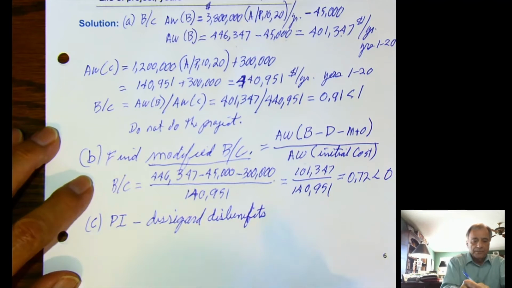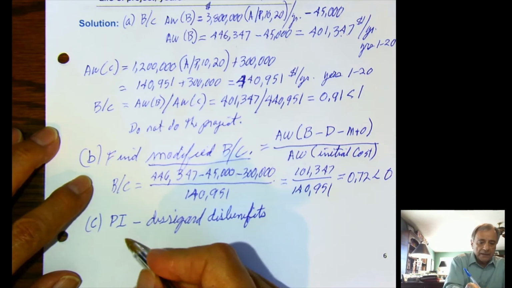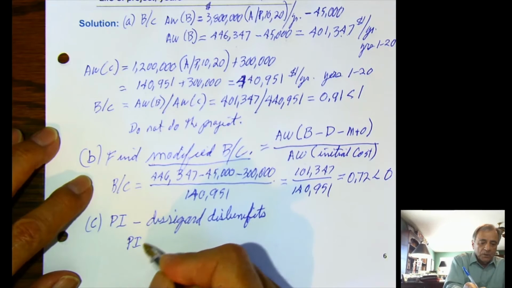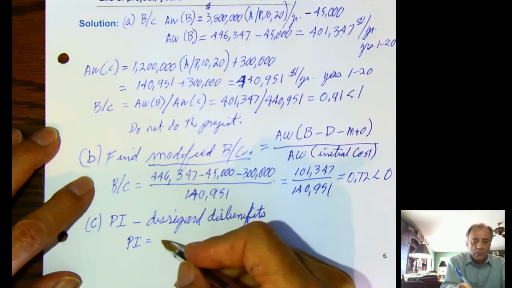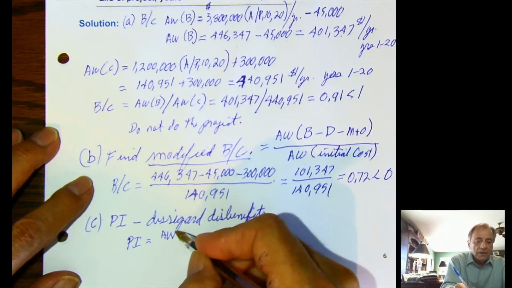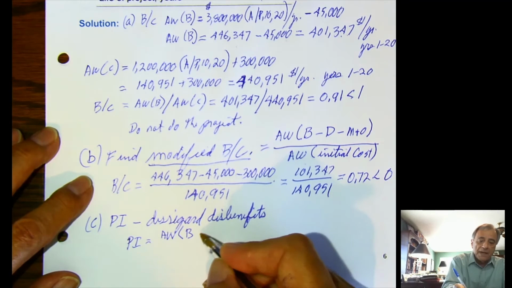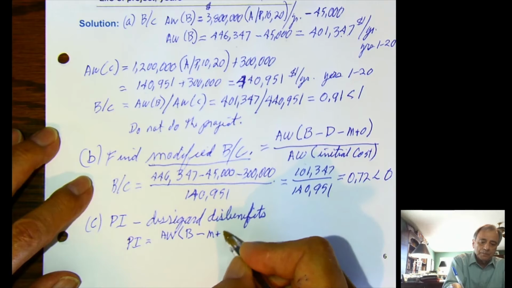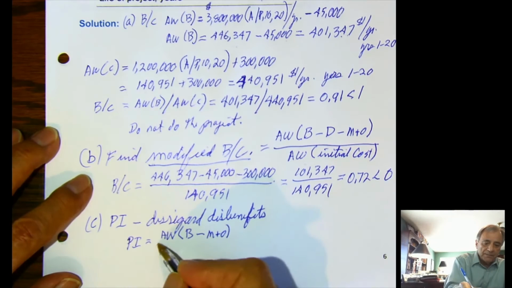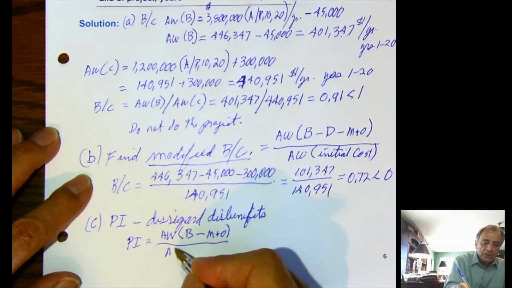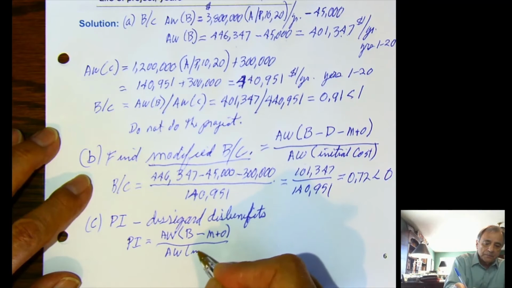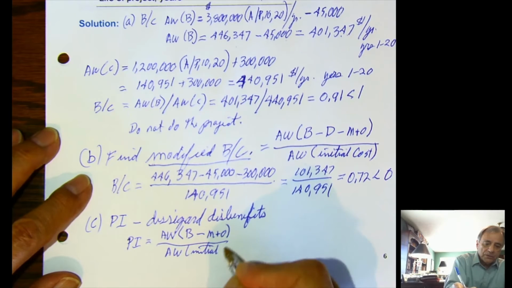So the PI then will be the annual worth of the benefits minus the M&O divided by the annual worth of the initial cost.